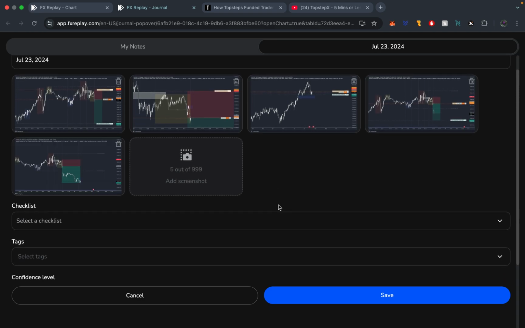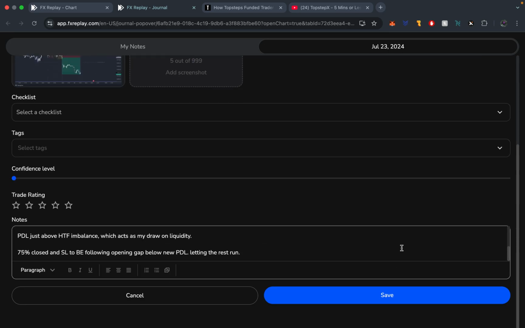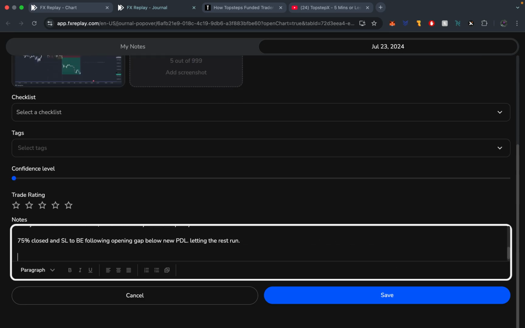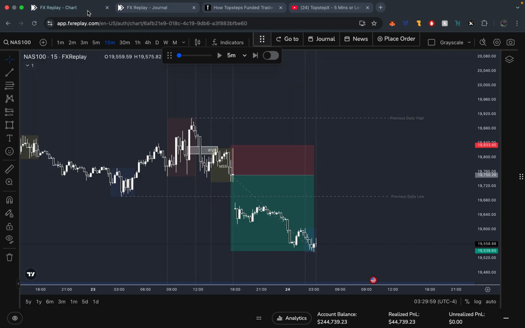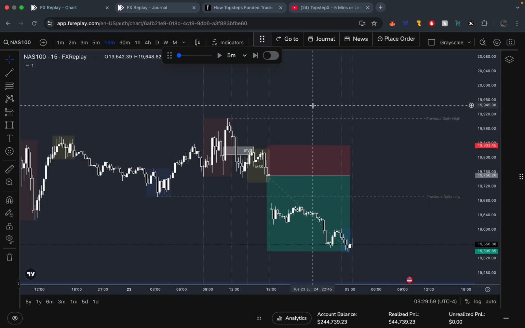Let's let that load in. Price hits TP. So yeah, it's just as simple as that, practicing the model.